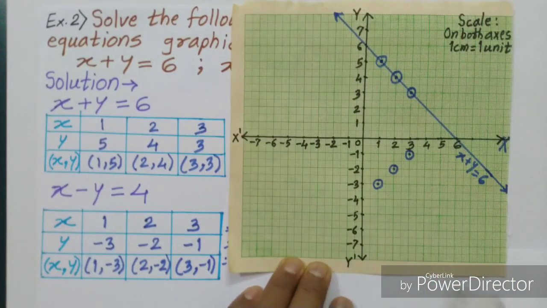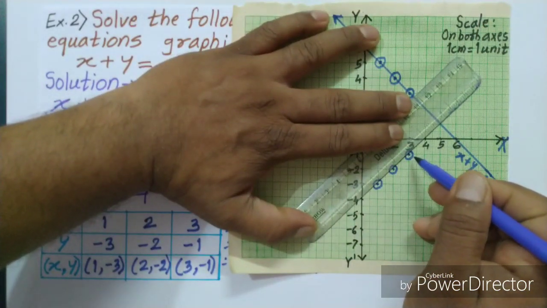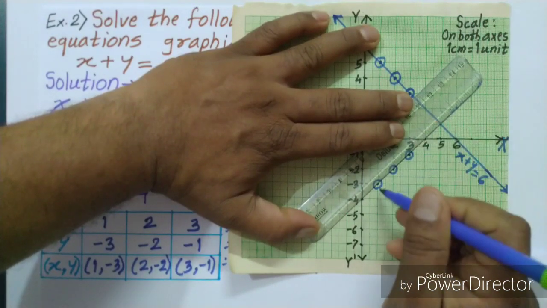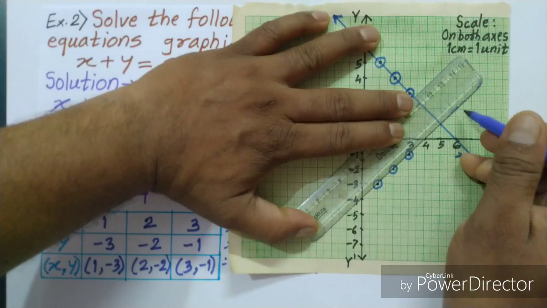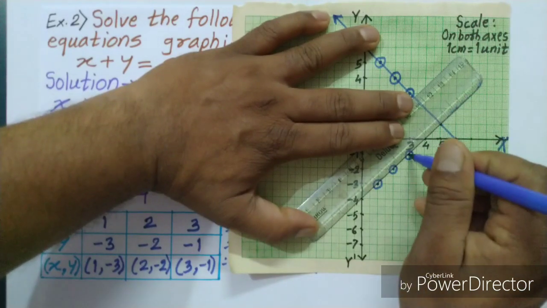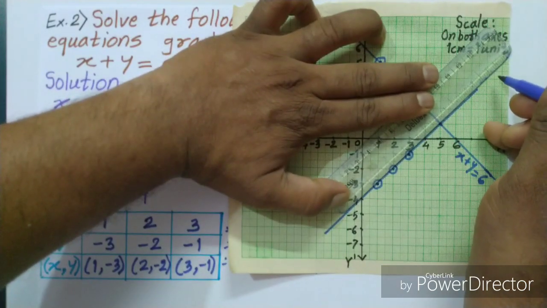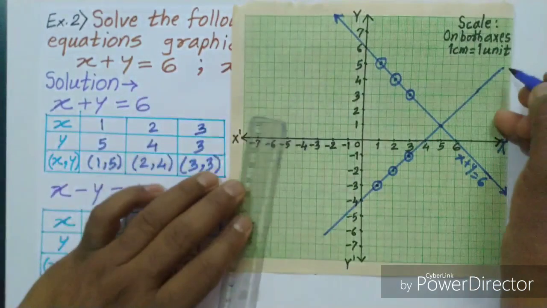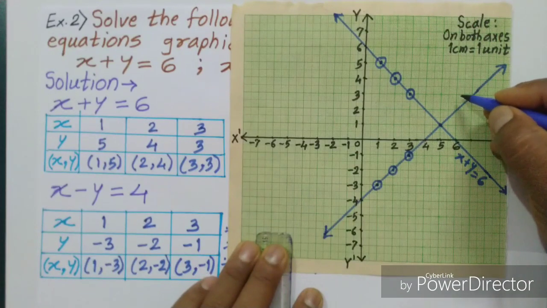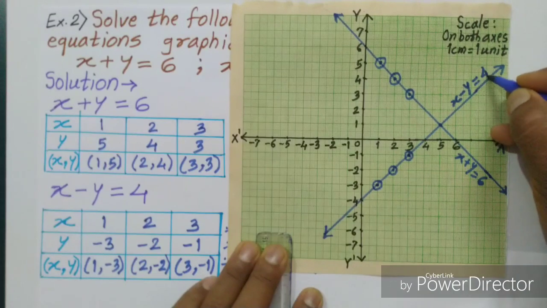We plot the point, then draw a straight line. That straight line passes through 3 points. Then we complete the second straight line, and the equation is x minus y is equal to 4.